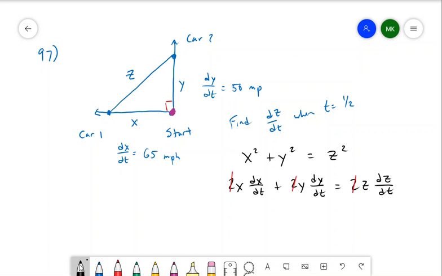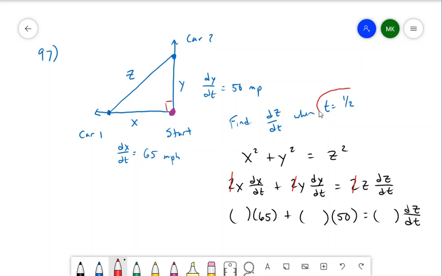So let's start plugging in. Let's see what we have and what we're missing. We don't have a value for x, but dx/dt is 65. We don't have a value for y, but dy/dt is 50. We don't have a value for z, and dz/dt is what we're trying to find. So we need to figure out what x, y, and z are. The important information is that the question said after a half an hour.